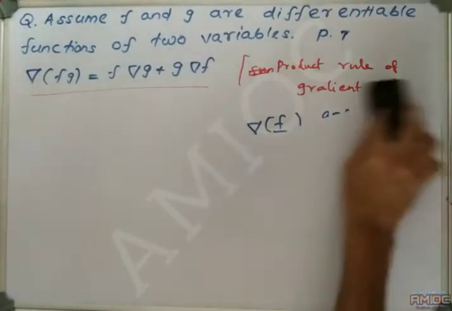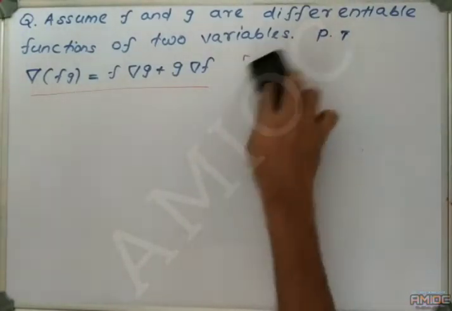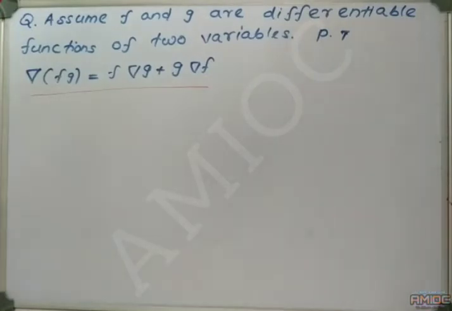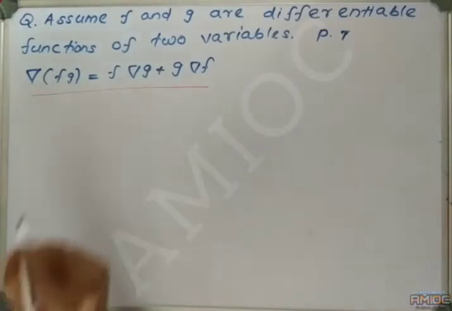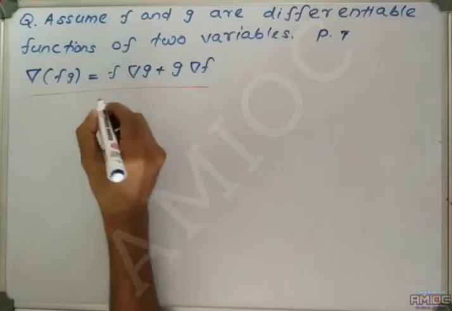So here we have to prove that the gradient of fg is equal to f into gradient of g plus g into gradient of f. What is gradient of fg?